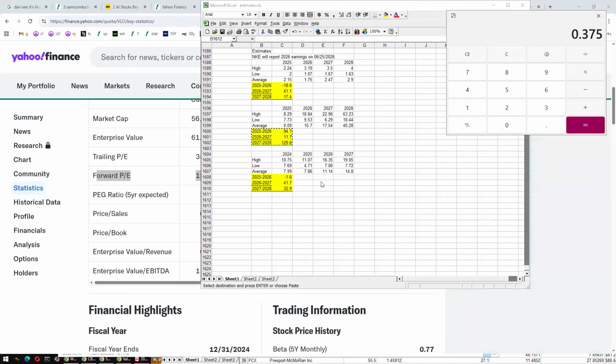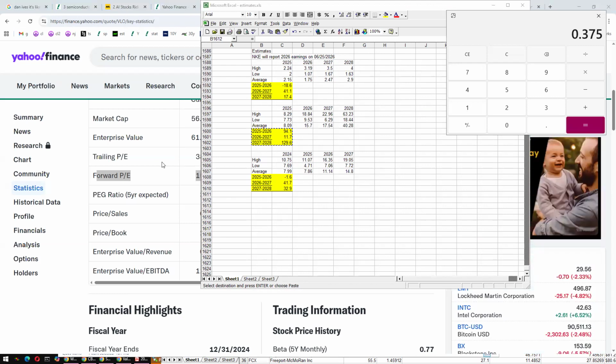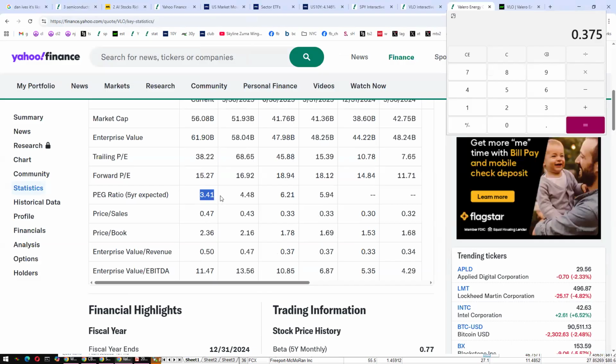So it's a PEG ratio of 0.35. That means it's one third the price that it should be. Yahoo Finance thinks it's 3, which means it's 3 times overvalued. So there's a little disconnect there. Usually I like to have more confidence whenever I see a 0.3 in Yahoo Finance.